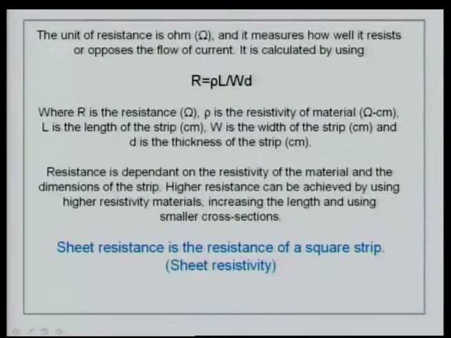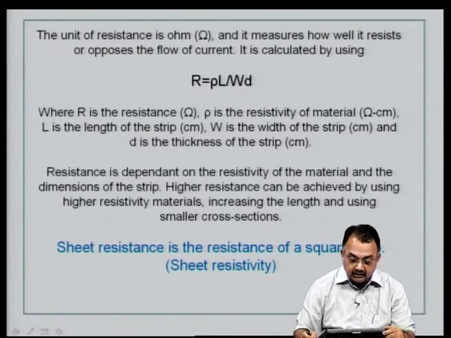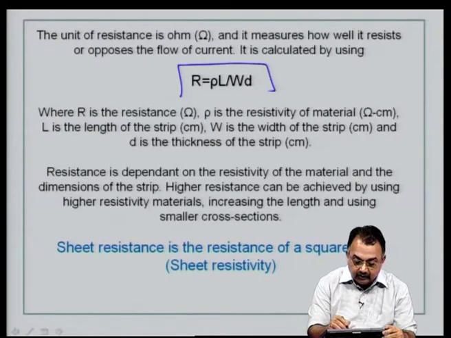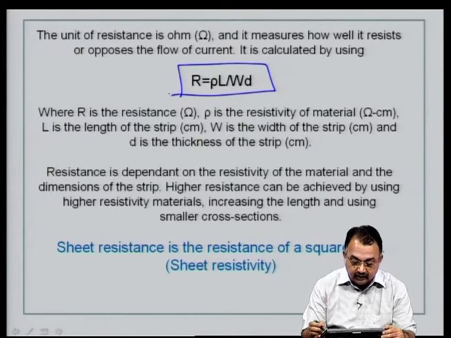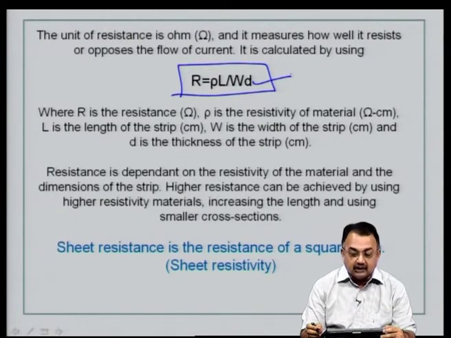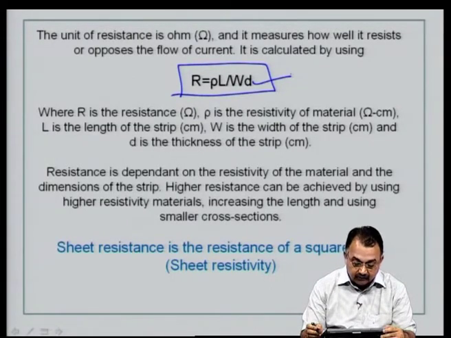So, again a few of the basics which all of you are aware of. The unit of resistance is ohms, and it measures how well it resists or opposes the flow of current. It is calculated by using the well known equation R = ρL/A, where area is width times the thickness of the strip that we saw in the previous figure.